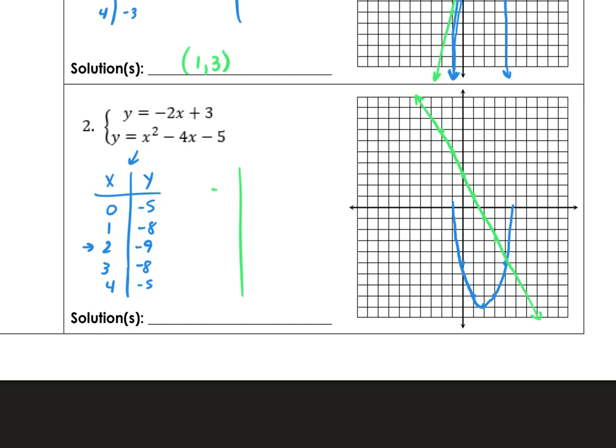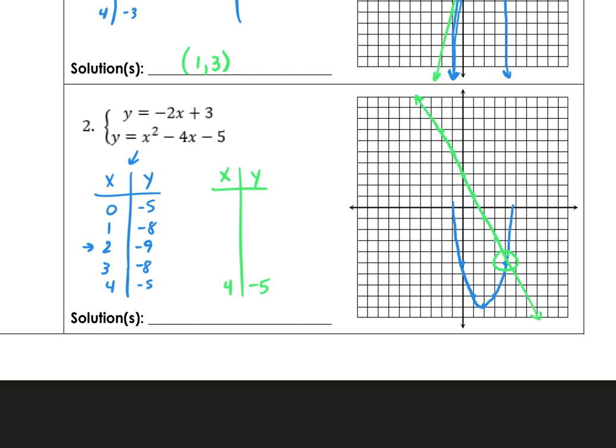So if I make my table, I can see the first thing I saw when I made my table is that these points, or this point overlapped. So 4, -5 is definitely a solution.